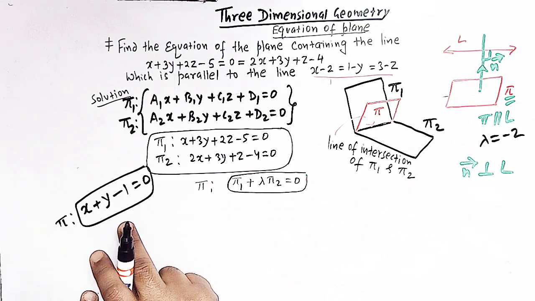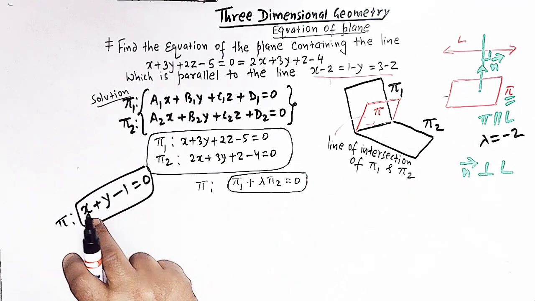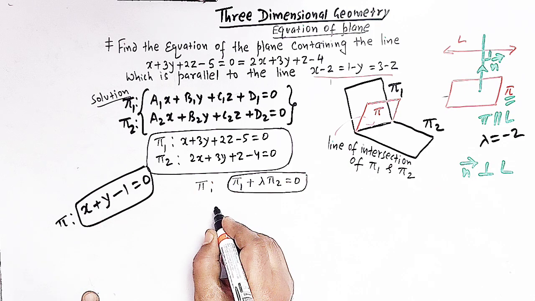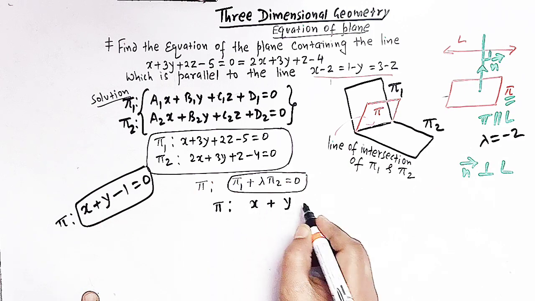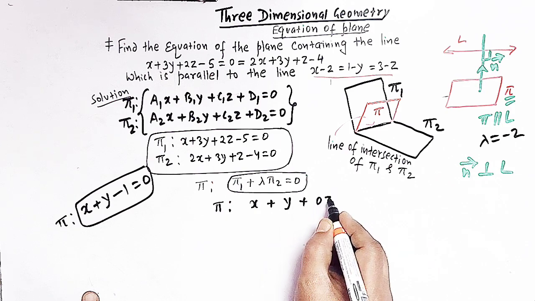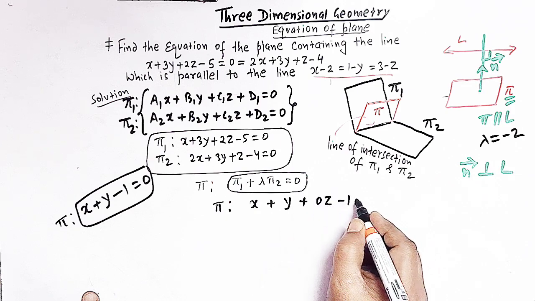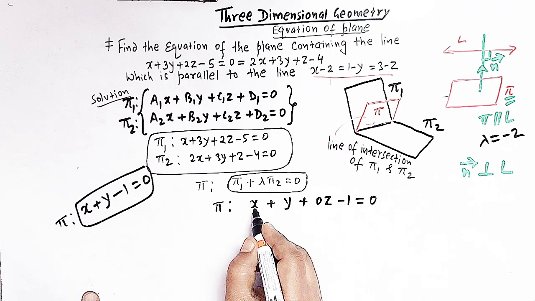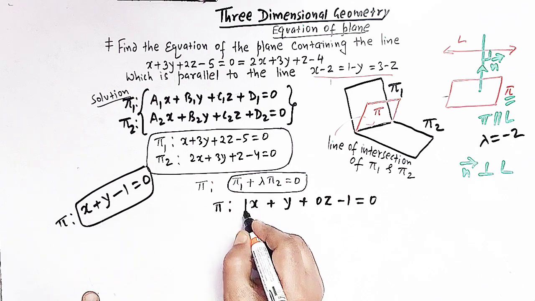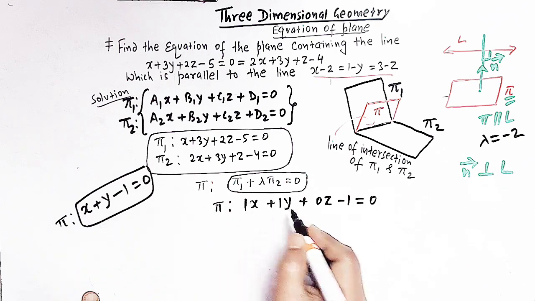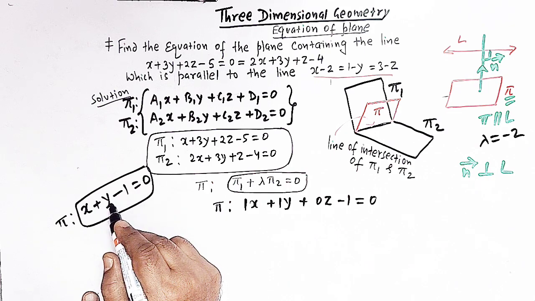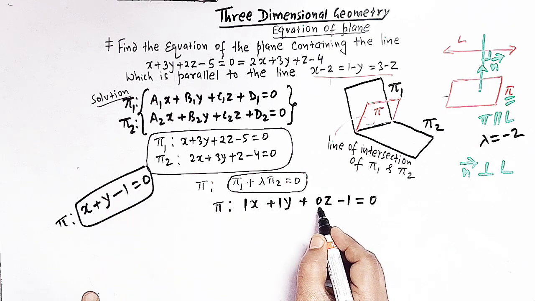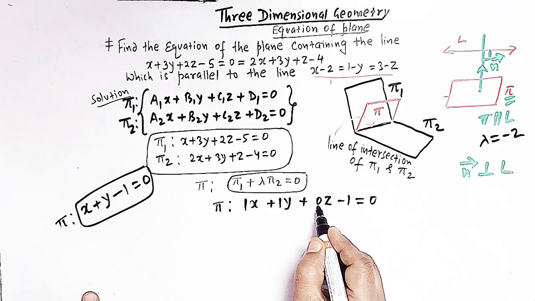So now here it is important to note that this equation can also be written as x plus y plus 0z minus 1 is equal to 0. So the coefficient of x is 1, coefficient of y is 1, and this equation is independent of z, so we can write 0z, that is the coefficient of z as 0.